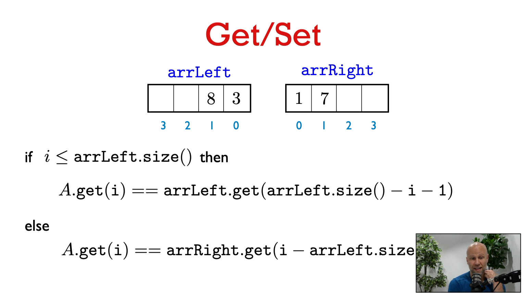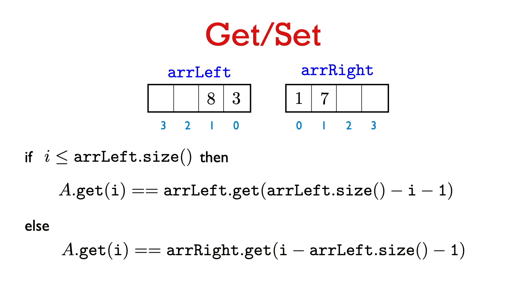To access and modify elements by their index, we just have to do a little bit of arithmetic. If the index is less than the size of the left array, then the element that we're looking for is going to be in the left array. So we just have to be a little bit careful in computing the location in the left array because this array is working backwards. The last element of the array is in index 0.